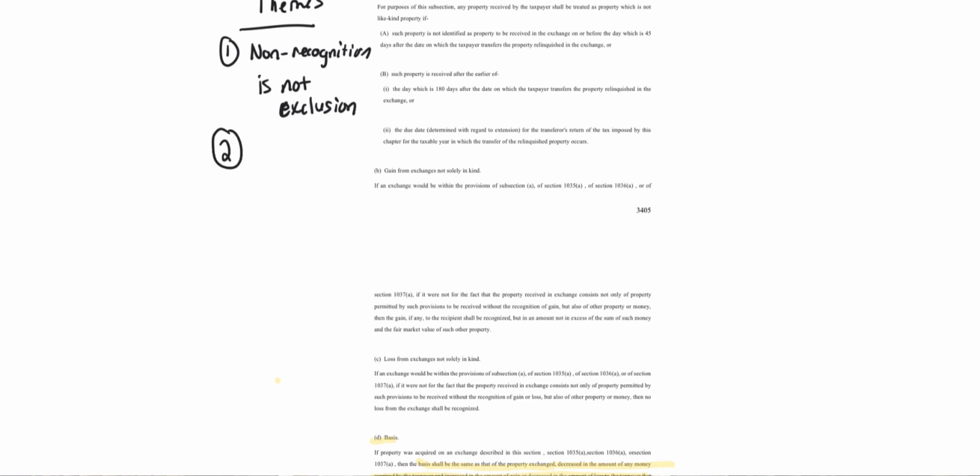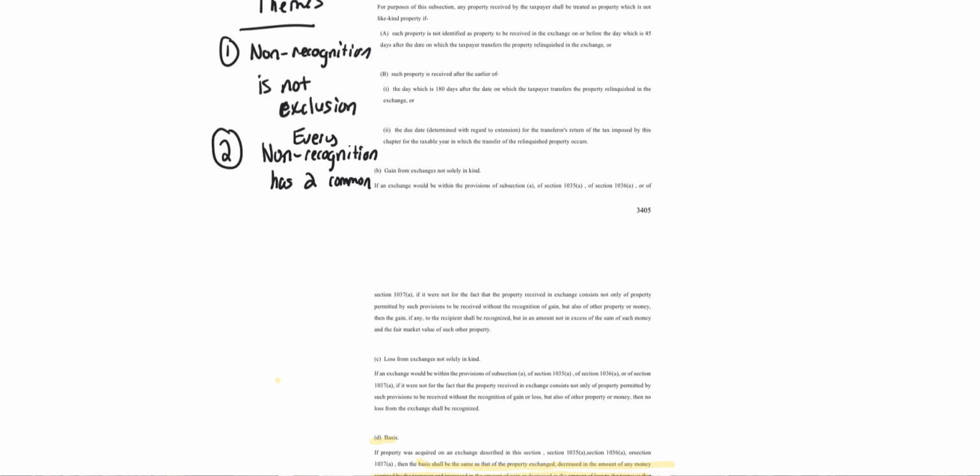The second thing I want to stress is that every non-recognition rule has two common themes. So a theme within a theme, right? Every non-recognition rule has two commonalities.